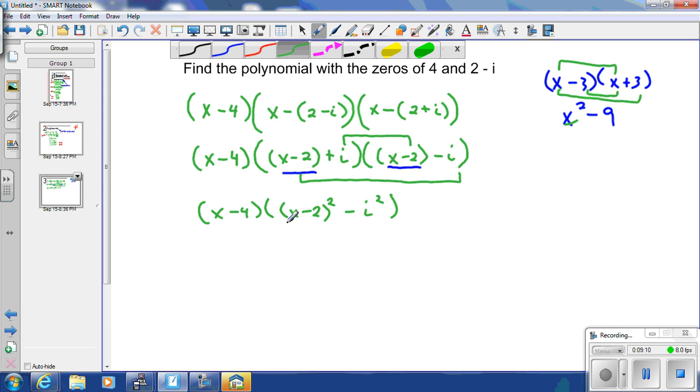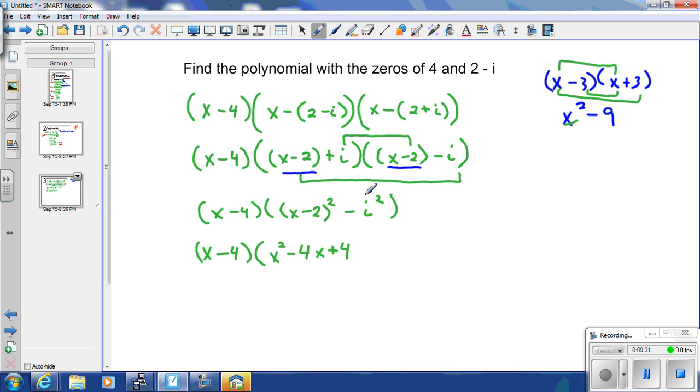So we'll continue to multiply and shorten this thing up, and we'll end up with our polynomial. So I'm going to leave x minus 4 alone for right now. And let's take x minus 2 and let's square it. Well, that's going to be x squared minus 4x plus 4. And now this goes away because remember i squared is negative 1.